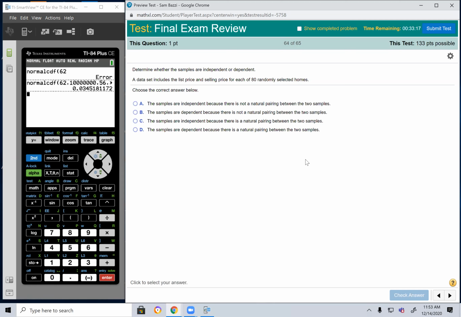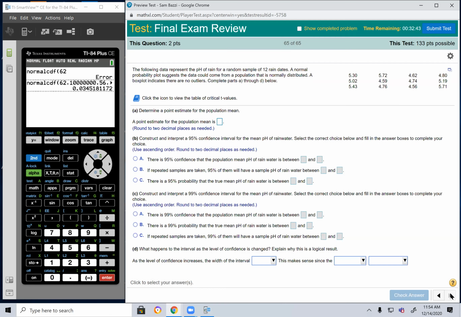Do you think the samples are dependent or independent? Well, it's the listed price and the selling price of the same home, so they are dependent, because the selling price depends on what's listed. Okay, so there is a natural pairing between the two.